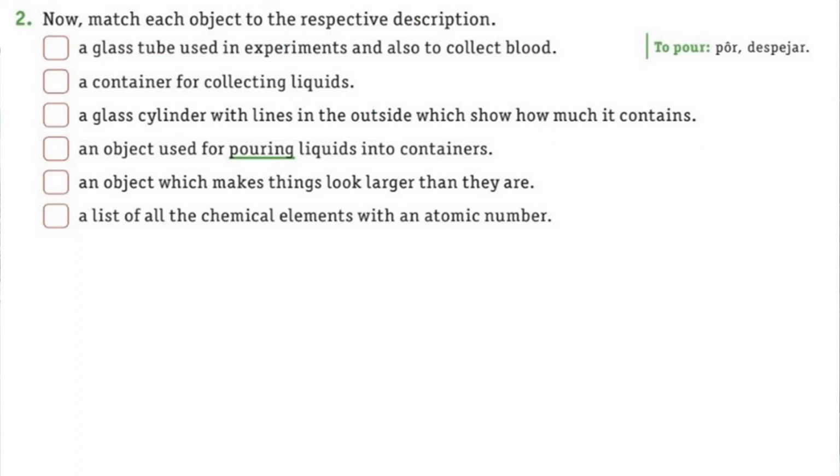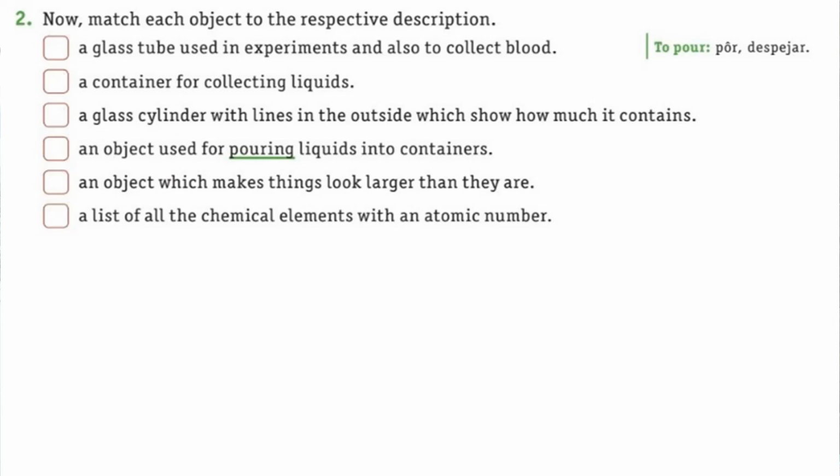So sentence number 1, a glass tube used in experiments and also to collect blood. A container for collecting liquids. A glass cylinder with lines in the outside which show how much it contains. An object used for pouring liquids into containers.